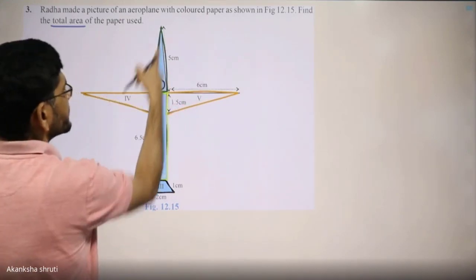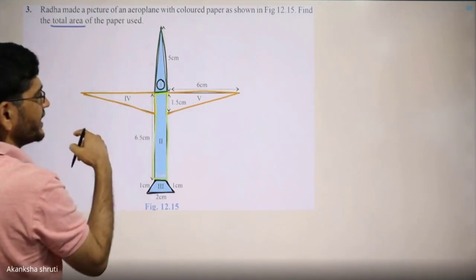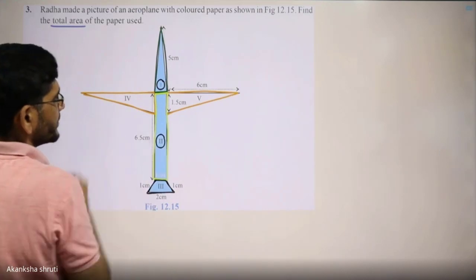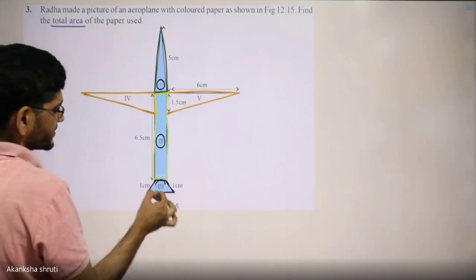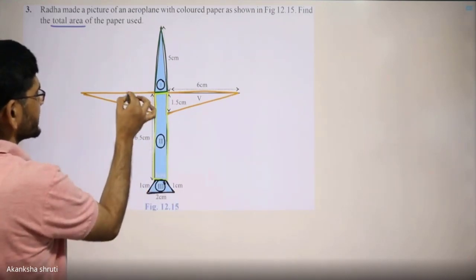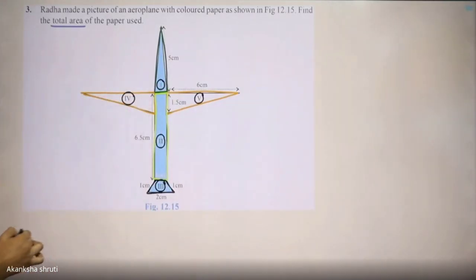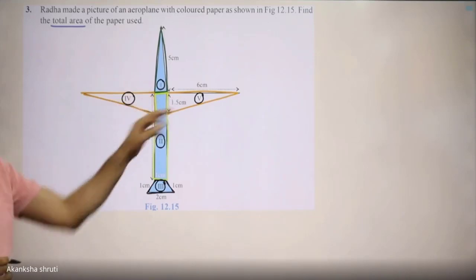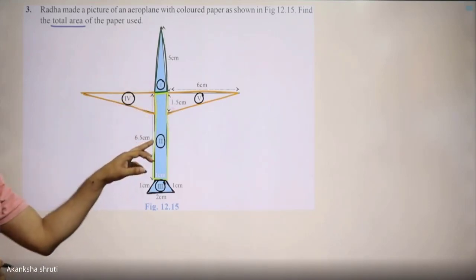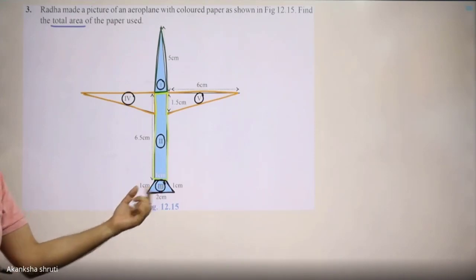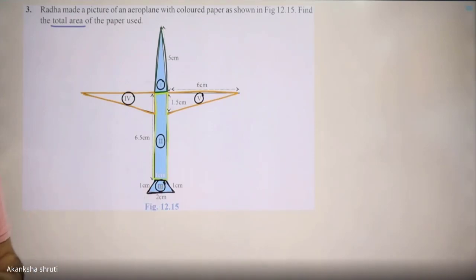The area of this first triangle, or area of figure 1, plus the area of figure 2 plus the area of figure 3 plus the area of figure 4 plus the area of figure 5, in which these 3 are triangles, the second figure is the rectangle, and the third figure is the trapezium.